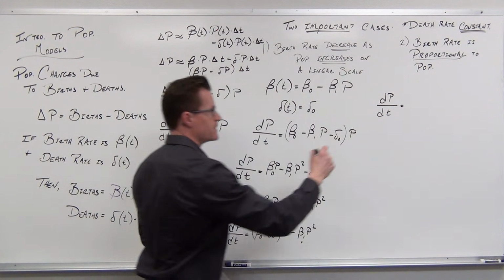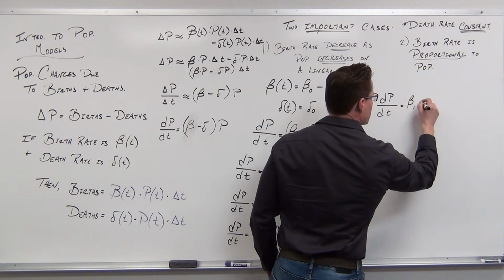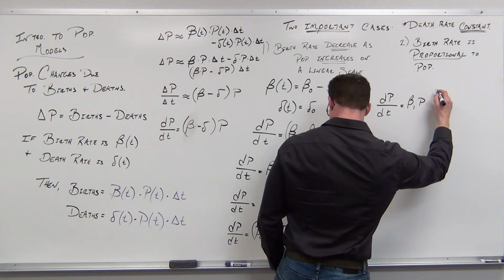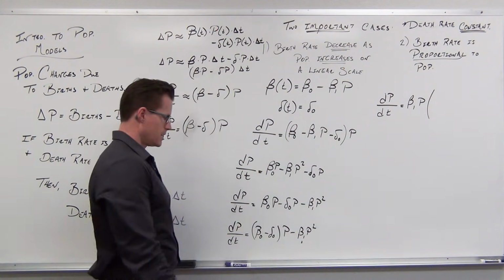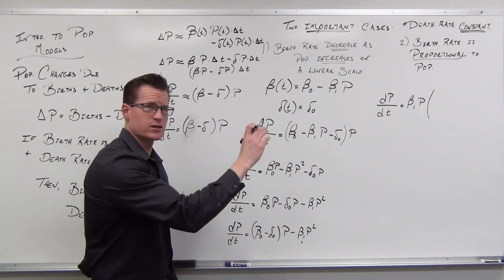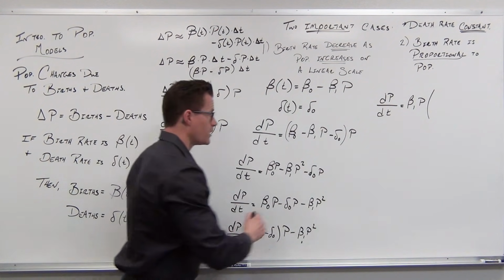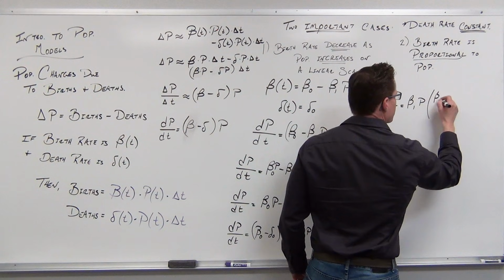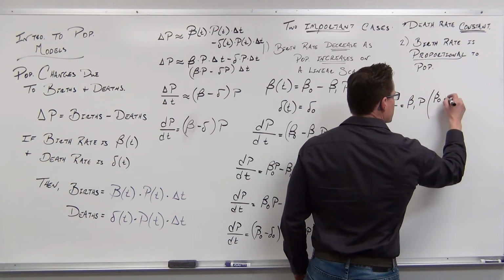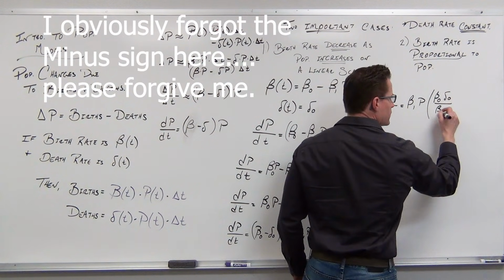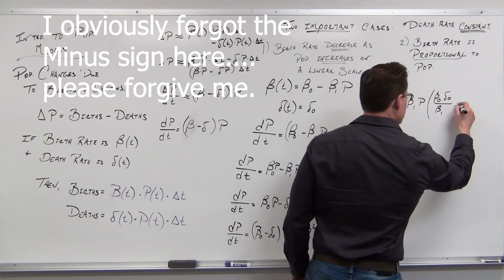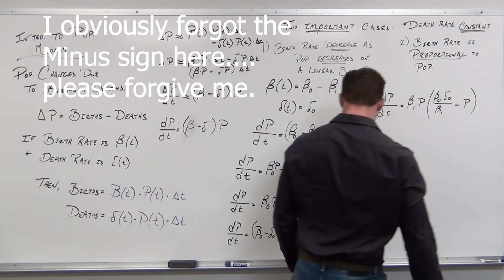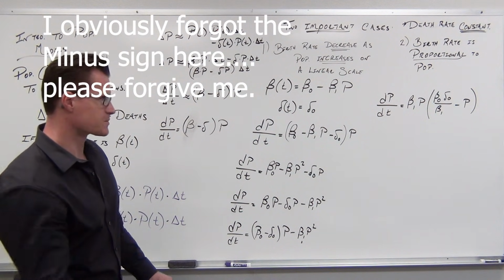So if we do that, we have this beta sub 1 times population, and then inside we're going to force that to factor. Factoring means divide, so we're dividing by the beta sub 1. That would be beta sub 0 minus delta sub 0 over beta sub 1, and we factored out the P, minus P. Let's make sure that this works.